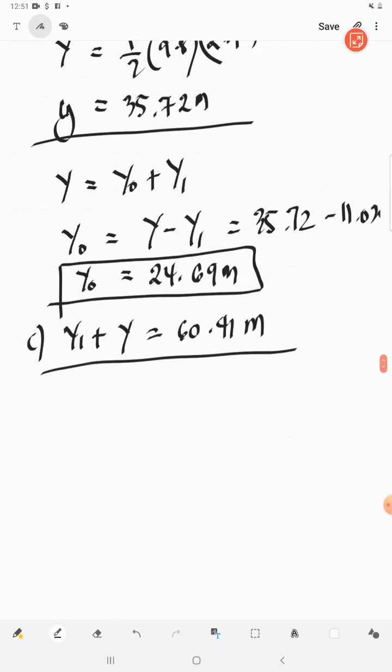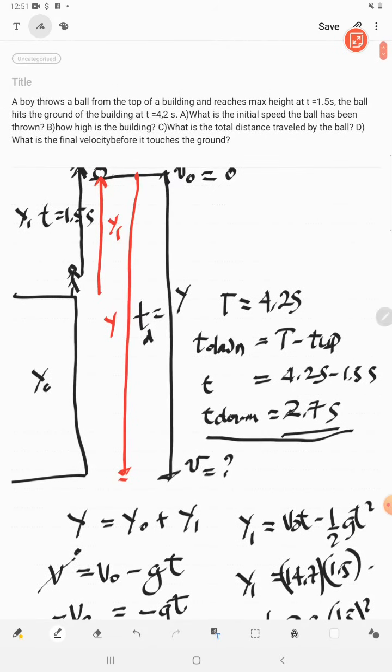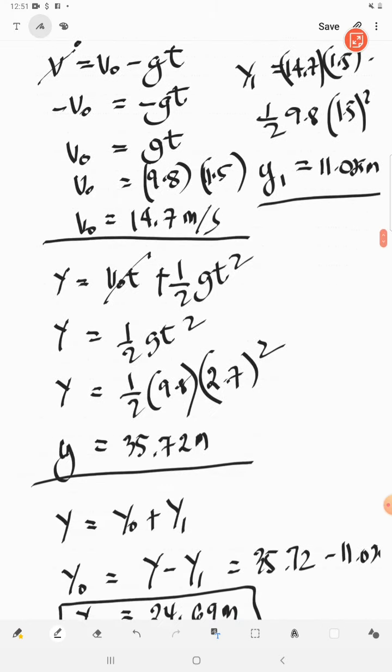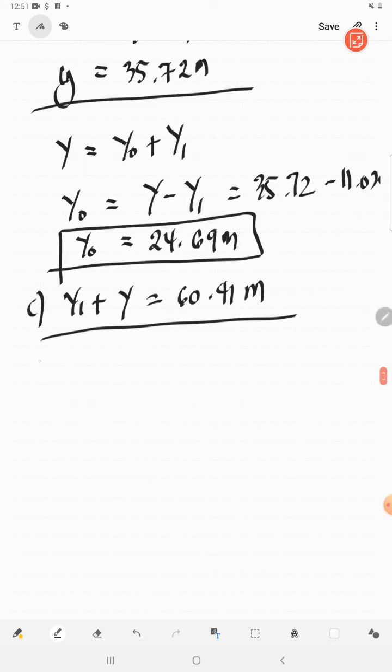So this is very easy. What is the V here? You will see that we start from here and here. You already know the time, you already know the y, so you can find the v. Using the easiest equation that you will use for letter D, v equals v naught plus gt, and v naught is equal to 0.